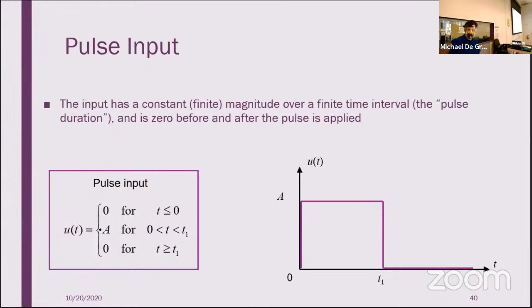In this case, our pulse input is 0 for time less than or equal to 0. At time equals 0, it then becomes A. It stays at A for some time interval between 0 and T1, and then it's back to 0 for T greater than T1.